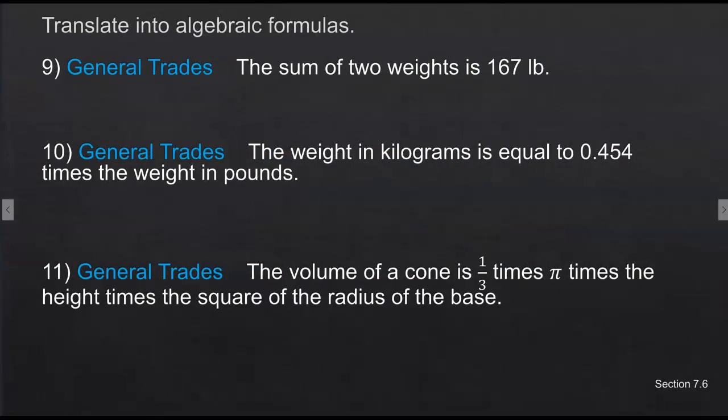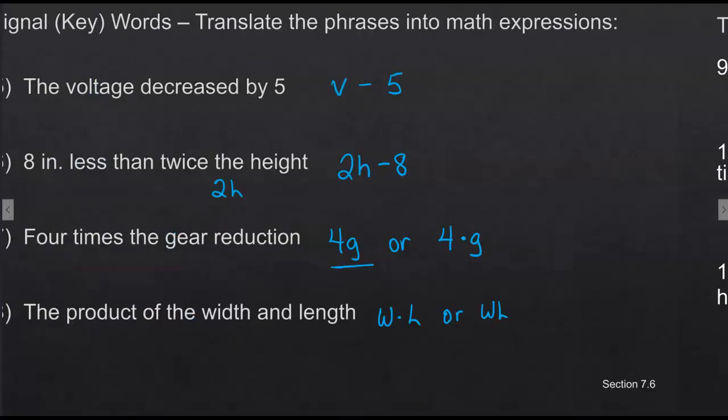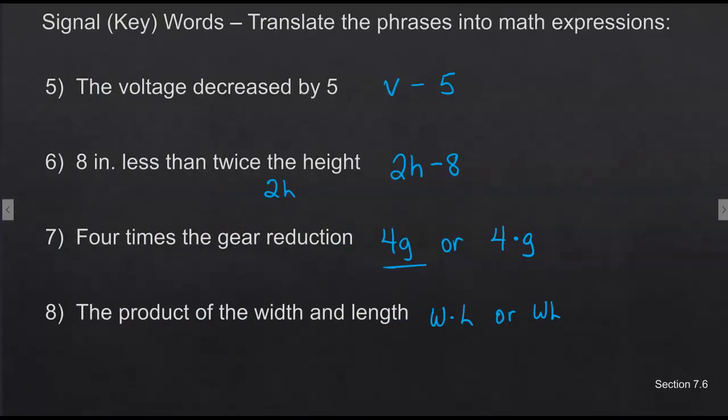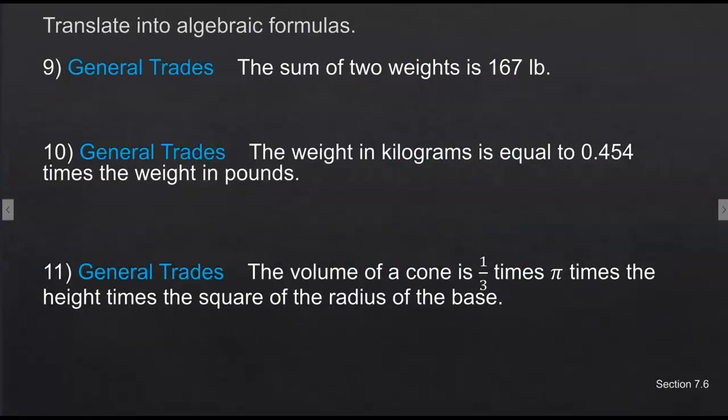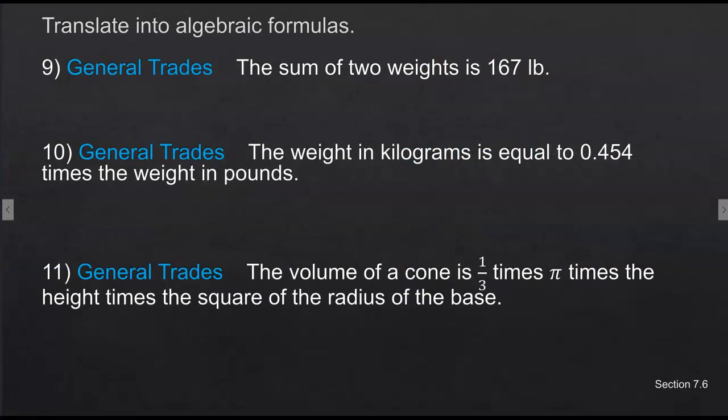Okay, so that was some fairly simple translations into phrases, and now we're going to look at some formulas, equations. It says translate into algebraic formulas. Now on these we didn't have anything indicating that it's equal to something because they were phrases. These are actually going to have an equal sign because it says is. For instance, the first one says the sum of 2 weights is 167.